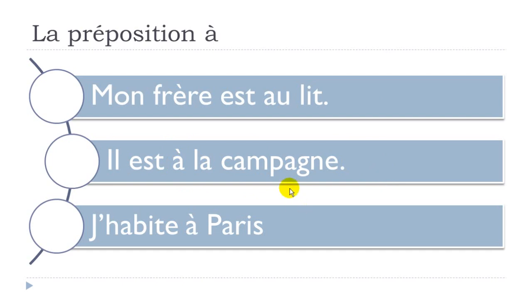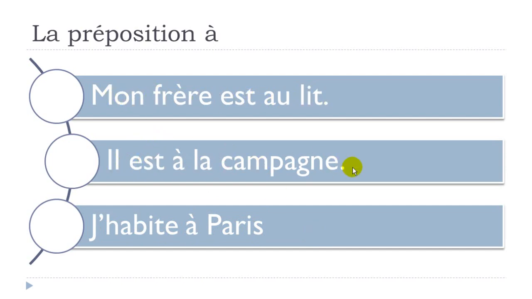And then the last one, if you want to introduce a town, you want to use habiter. Habiter is to live. J'habite à Paris. You can see we don't put any articles, just the name of the town. J'habite, I live in Paris. So mon frère est au lit.